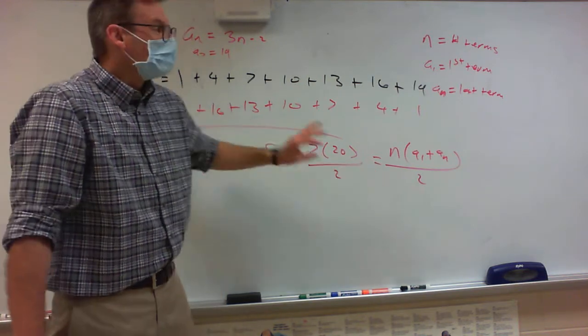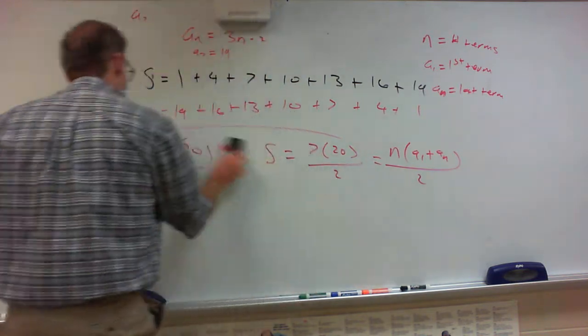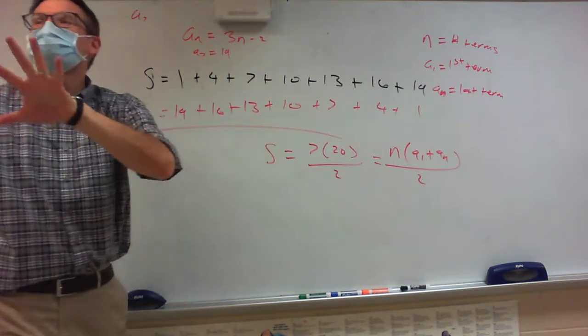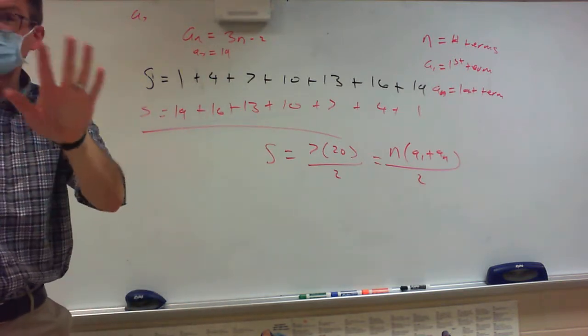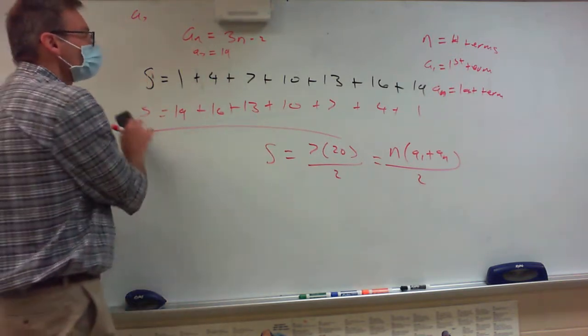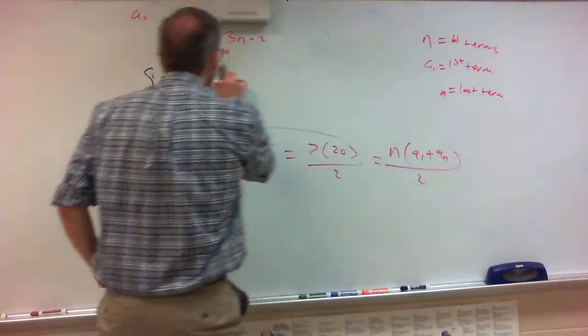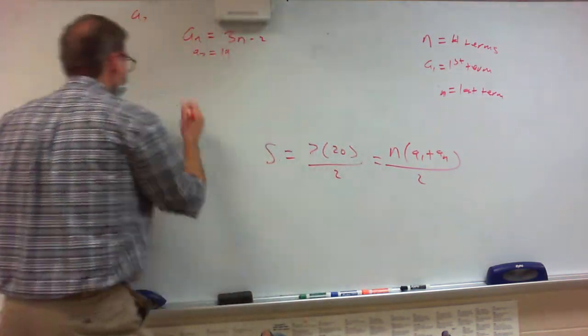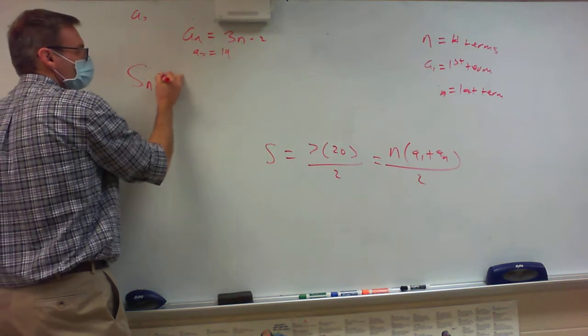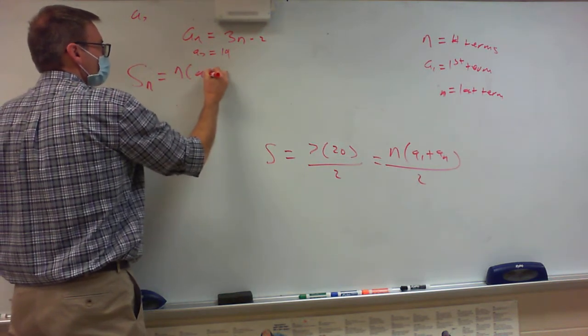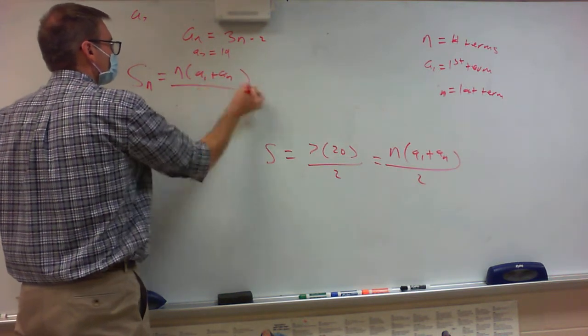Now I'm going to write the official version of the formula. Everybody ready? The official version of this formula is S sub n is equal to n times a sub 1 plus a sub n all over 2.